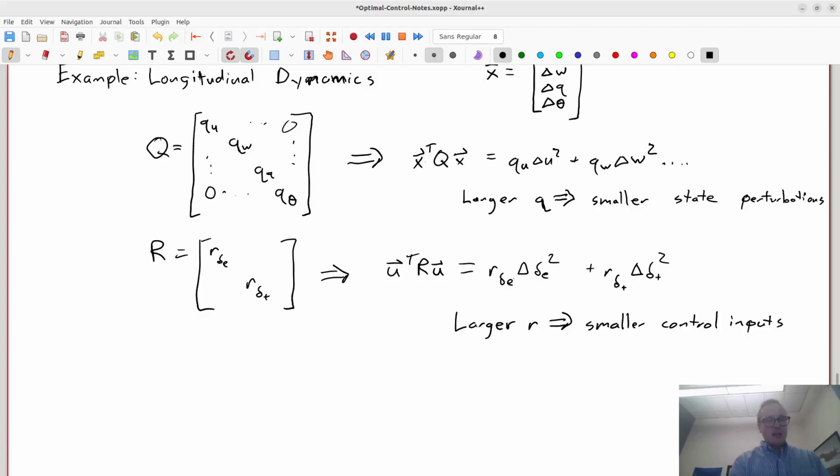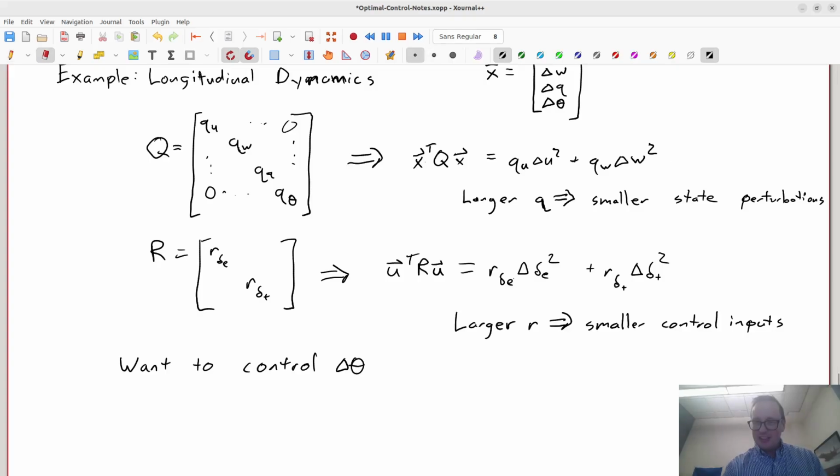So let's say that I want to control theta, the pitch angle, or delta theta, the deviation from the trim pitch angle. So if I want to control delta theta, I want to penalize delta theta squared.